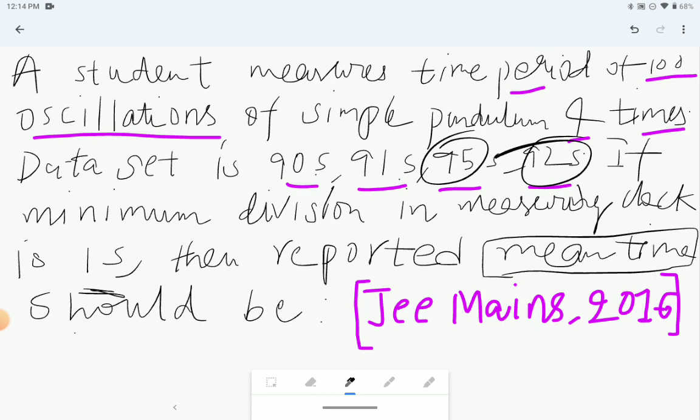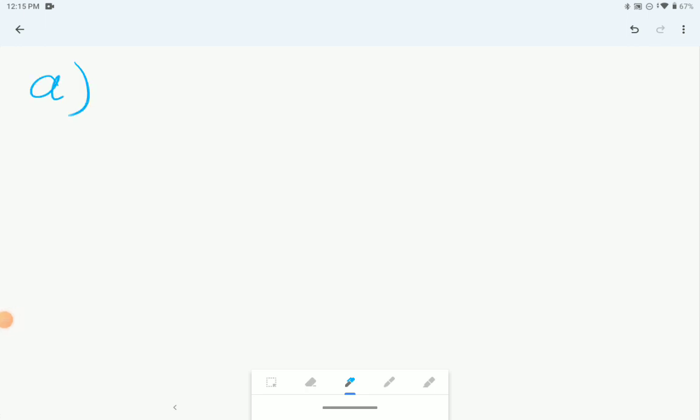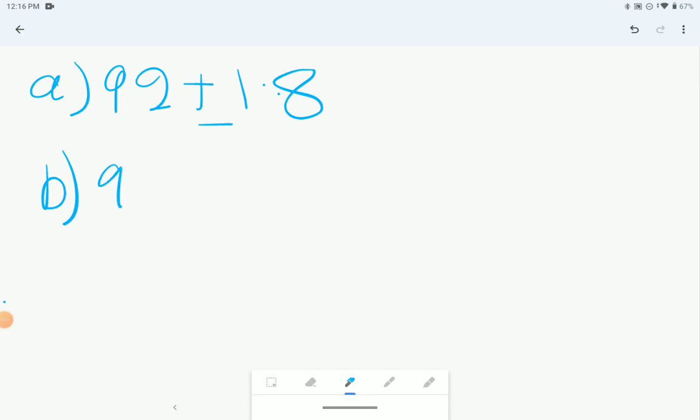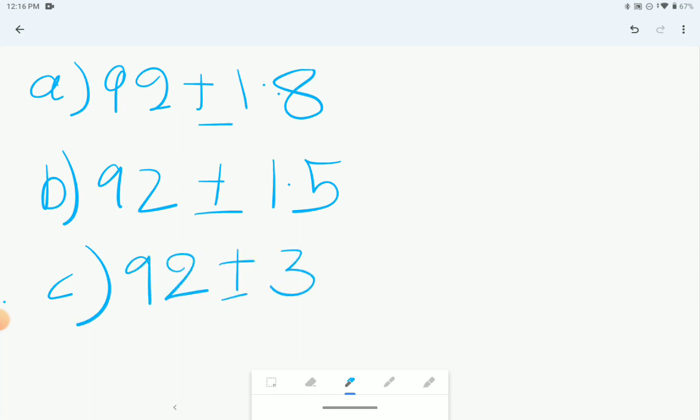The formula for mean time is Tm plus or minus delta T. And the options given were 92 plus or minus 1.8, 92 plus or minus 1.5, 92 plus or minus 3 seconds, and 92 plus or minus 5 seconds.